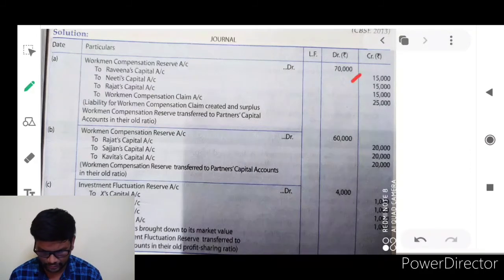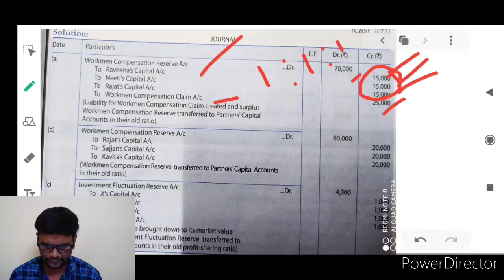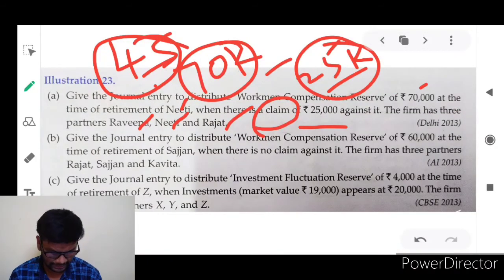See, this 70,000 is debited, that is workman's compensation reserve, and the claim is 25,000, and the remaining 45,000 is shared by Ravina, Niti, and Rajat in 1:1:1, which means 15,000 each. Collectively 45,000.